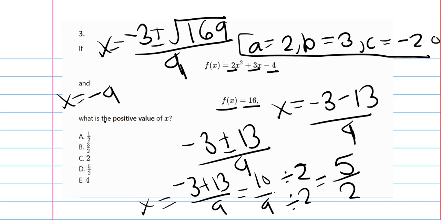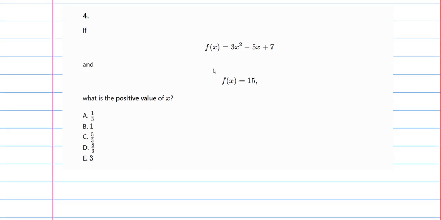Since you're asked the positive value of x, I can say x has two values, negative 4 and 5 over 2. So my answer would be 5 over 2. That's how you get it in two possible ways. Later on in the next problems, I will just use the AC method because it's faster. But it's up to you if you want to use quadratic or AC method.